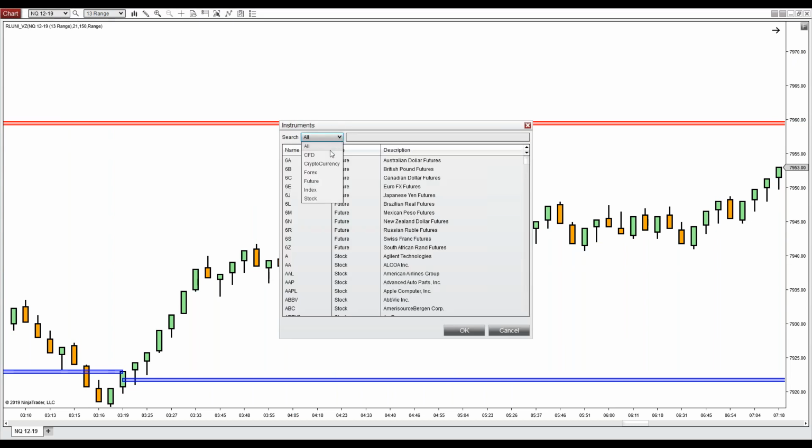Let's go to stocks. And why don't we pick something that's got a lot of volatility? I'm probably overlooking this here.